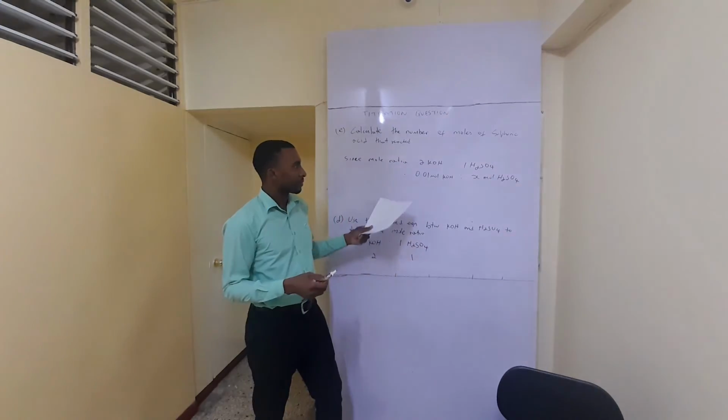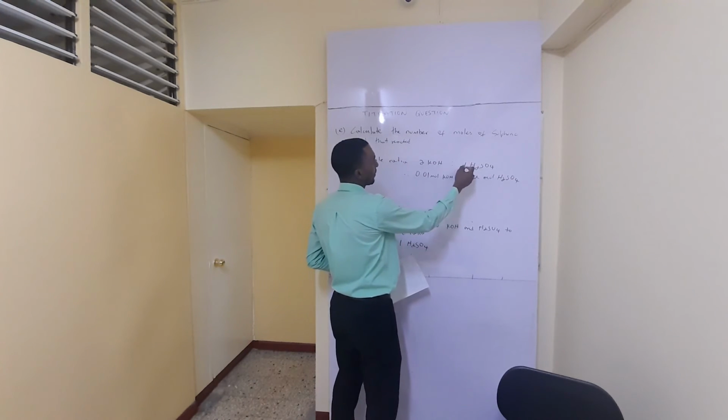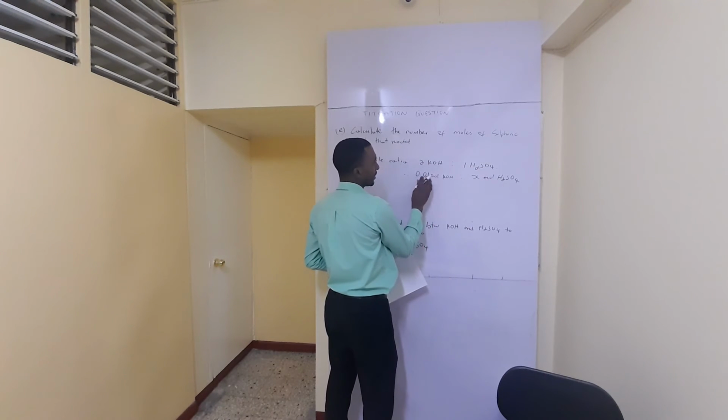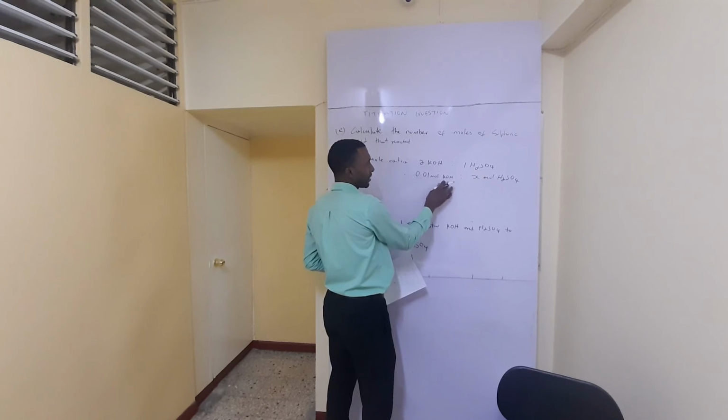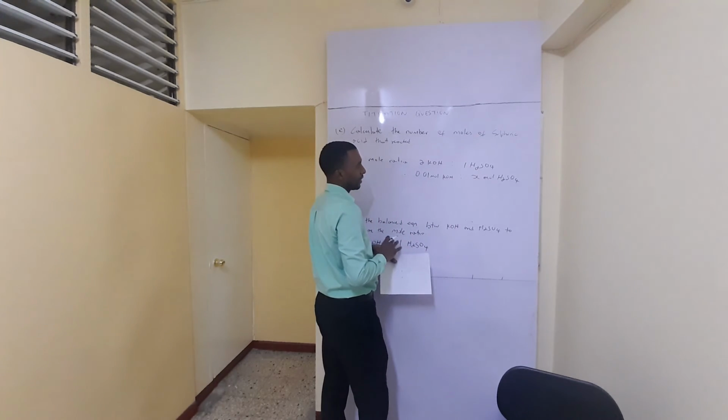It simply means that the ratio is 2 to 1, so the number of moles of potassium hydroxide will be 2 times the number of moles of sulfuric acid.